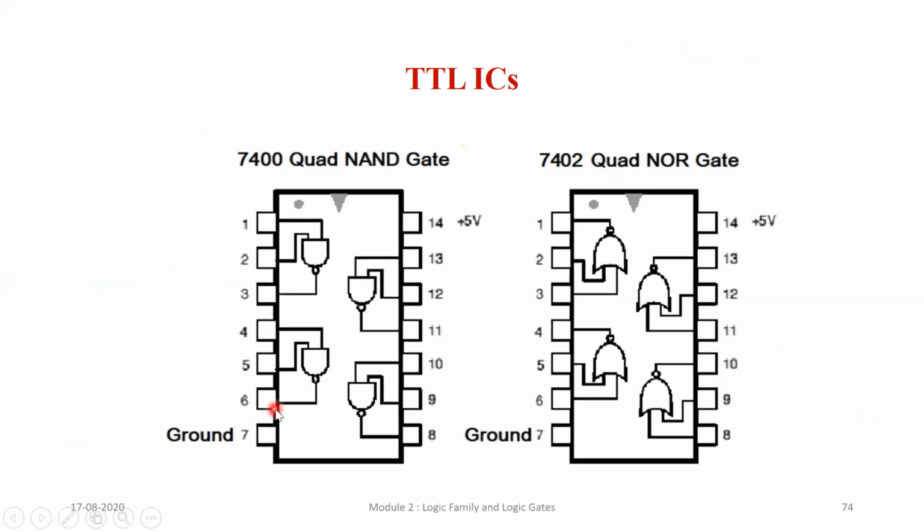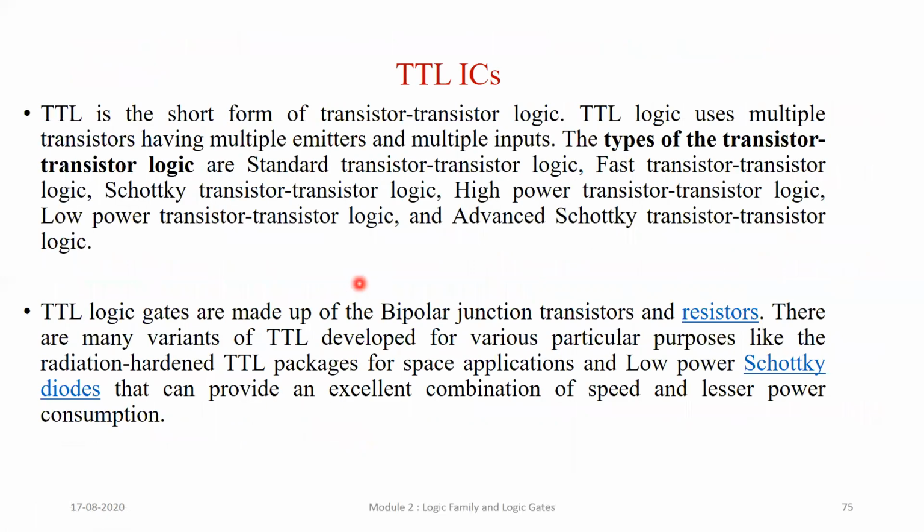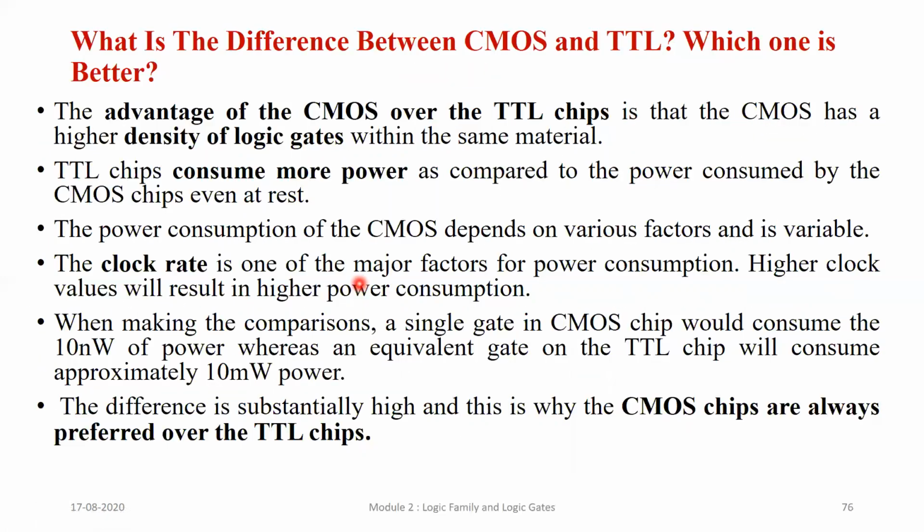So if I am using CMOS technology and I keep the same size, okay, so in that I can have more number of gates because CMOS was the technology which came when the VLSI technology progressed.